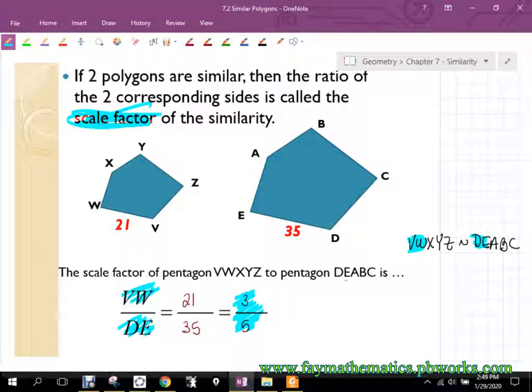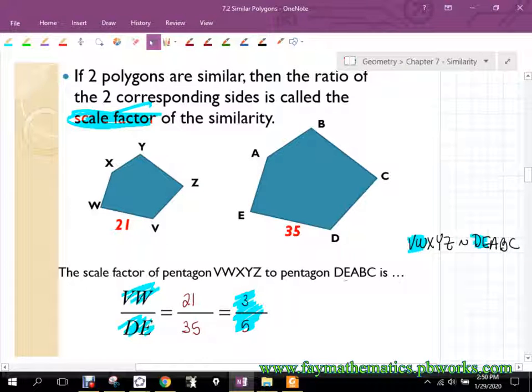In this class, we're going to use scale factor because that kind of encompasses all those synonyms. Okay, that's our scale factor, and that number tells me how I can take 21 and make it 35, or how I can take 35 and make it 21. Does that make sense? Okay. It shows me how we can enlarge or reduce one of these shapes because they're similar. So that tells me that there is an enlargement or reduction taking place here.